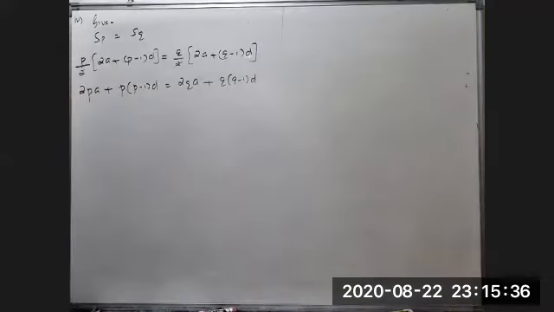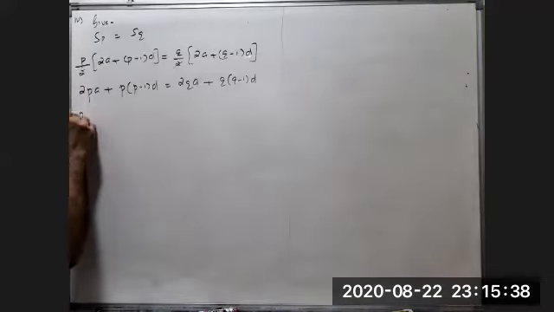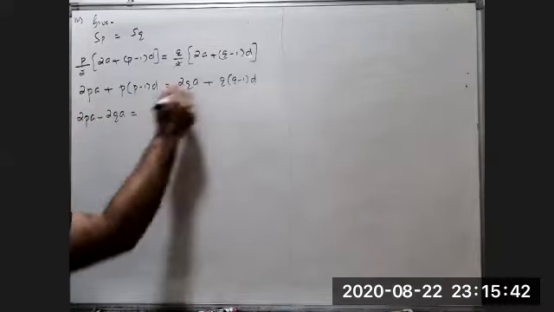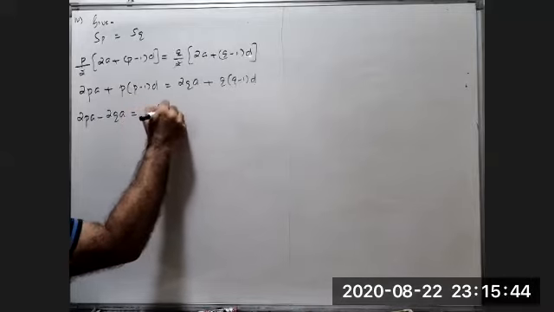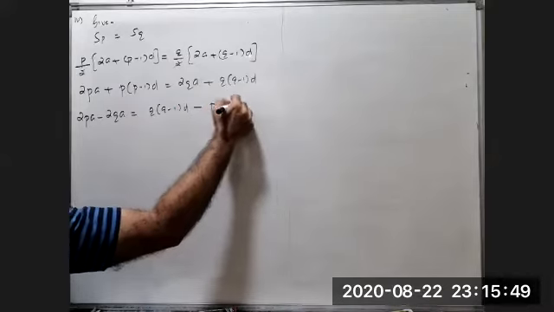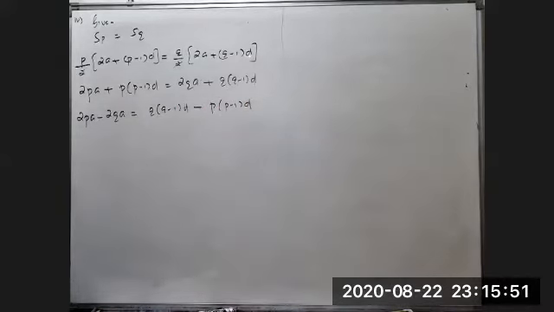So terms of A: 2PA minus 2QA equals Q into (Q minus 1) into D minus P into (P minus 1) into D.